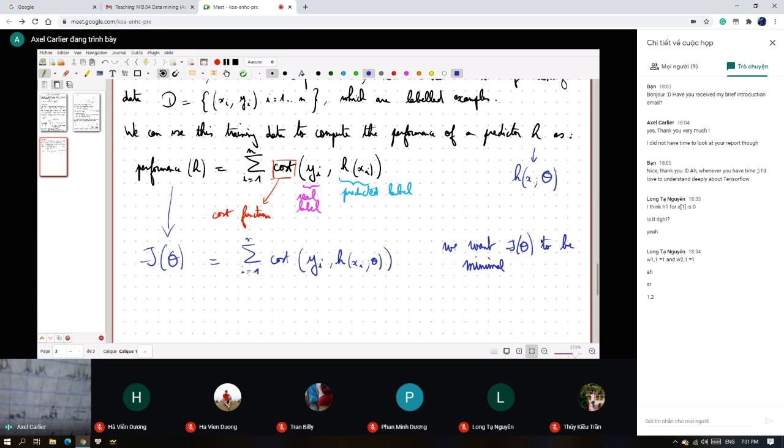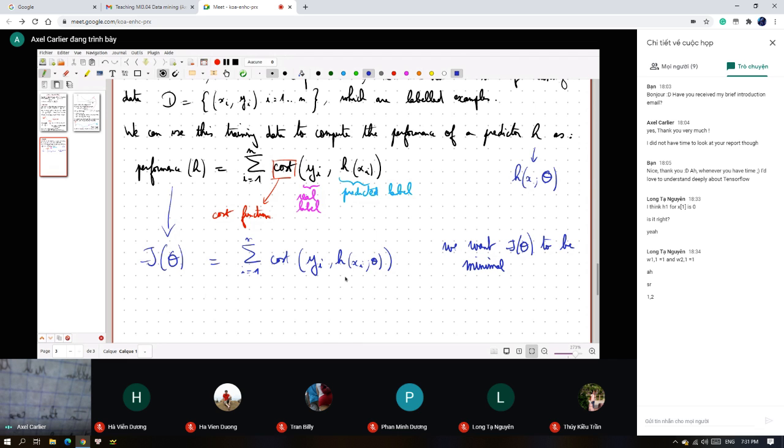Why do we want J of theta to be minimal? We want our predictor H that depends on theta to make predictions of X on the learning sets that are as close as possible to the real labels. So we want the cost of this to be very small.